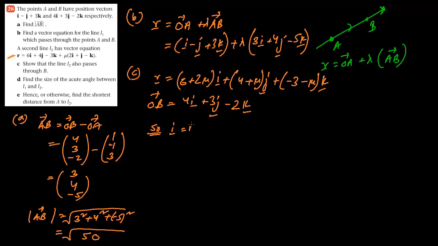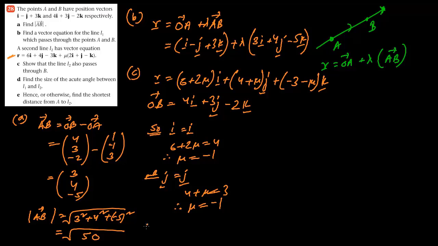So for i equals i, 6 plus 2 mu equals 4. Therefore, mu equals 4 minus 6 is minus 2, divided by 2 is minus 1. And j equals j: 4 plus mu equals 3. Therefore, mu equals 3 minus 4 is minus 1.